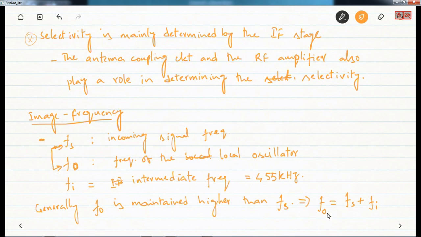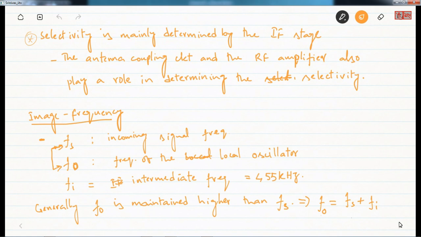Then this 1155 kilohertz local oscillator signal and 700 kilohertz incoming signal are both given to the mixer, and the mixer output will be F0 minus Fs, F0 plus Fs, and F0 and Fs. In that, the IF amplifier will select only the 455 kilohertz signal, right? So that's how it works.